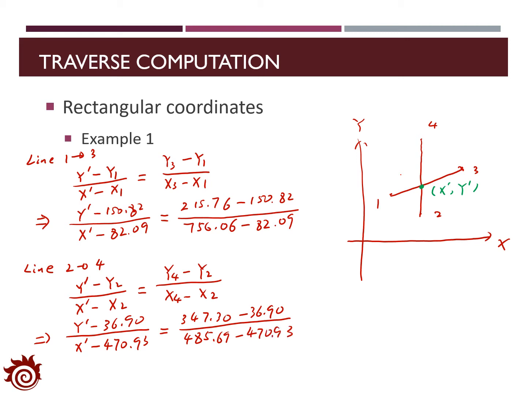By solving these two equations, we can find out the values of x prime, y prime: x prime as 478.16, y prime is 188.98.